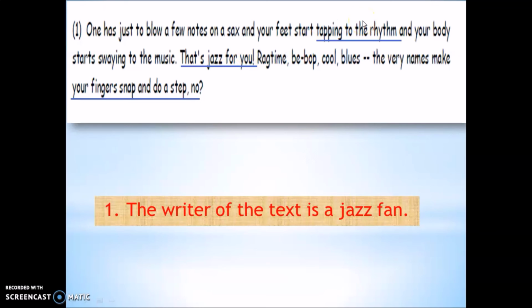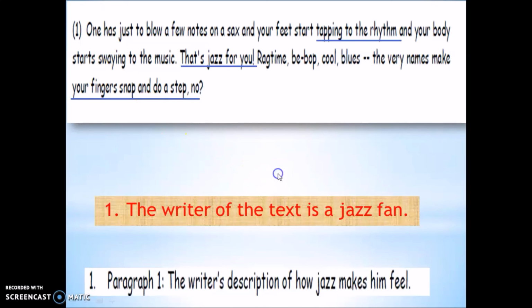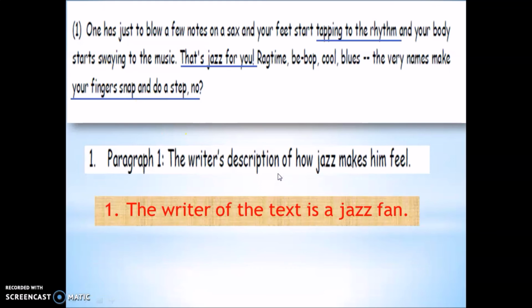Tapping to the rhythm. Yeah, this sound. So tapping to the rhythm, and your fingers snap and do a step, and you just step forward, step backward. So his description of how jazz makes him feel puts it that the writer of the text is a jazz fan.